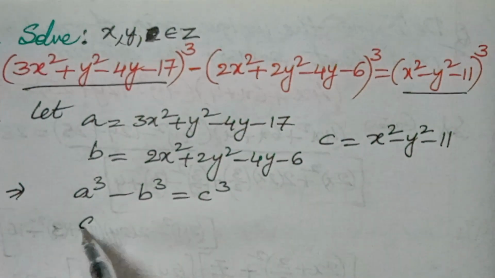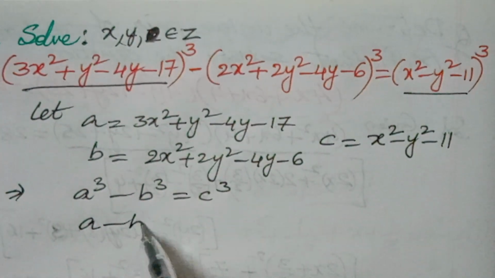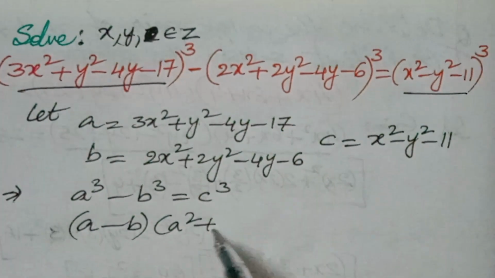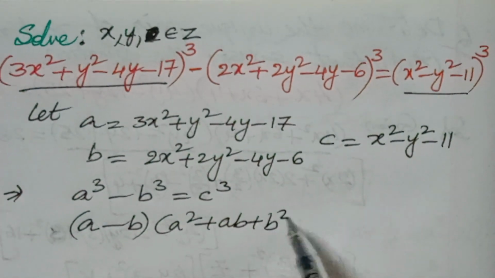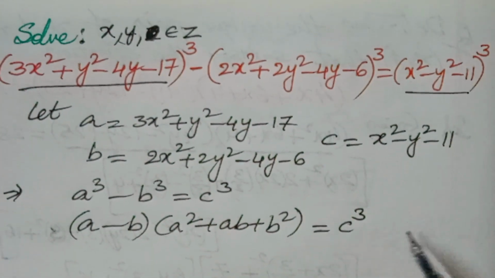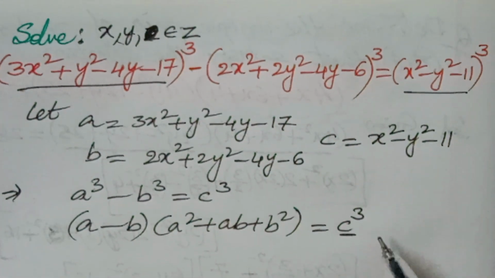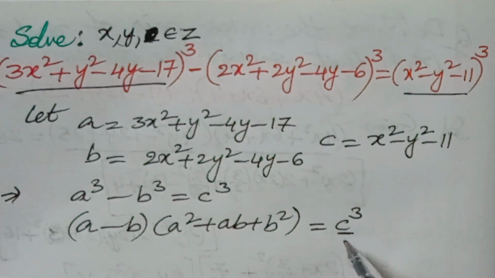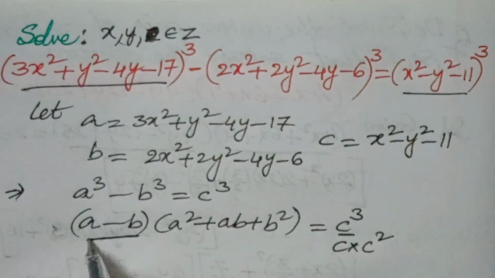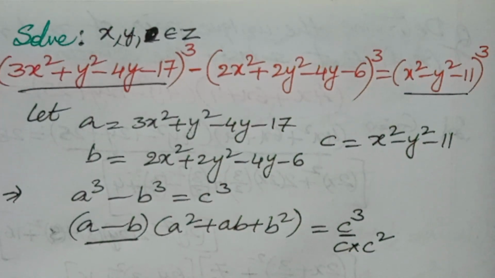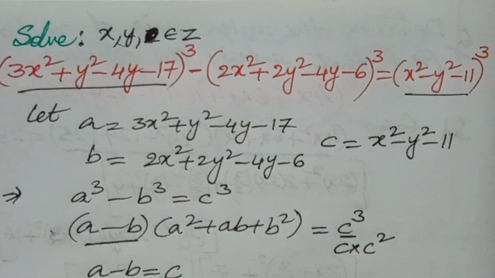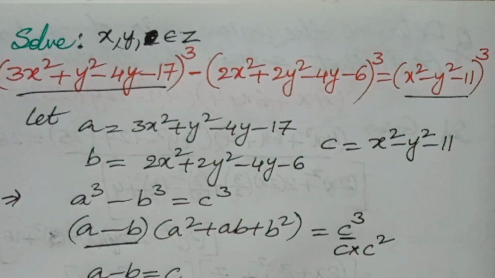So we can write it as (a − b)(a² + ab + b²) = c³. This c³ can be written as c times c². So we take a − b equal to c.